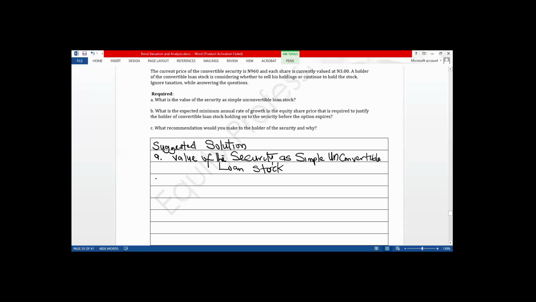We have the convertible loan stock. Let us itemize the features. Maturity of the convertible loan stock. Examiner says 10 years.